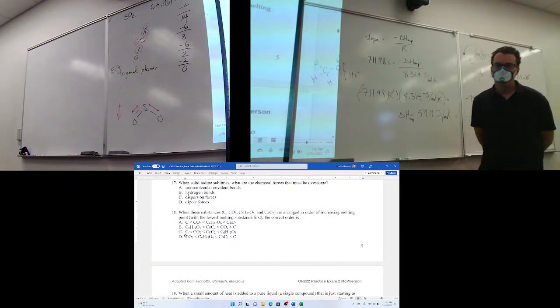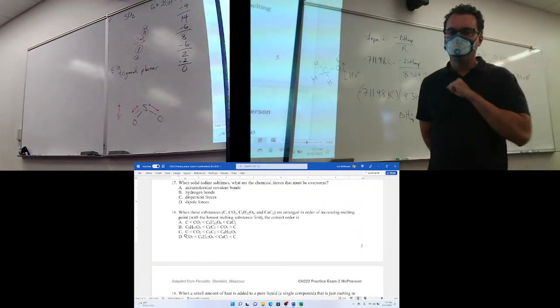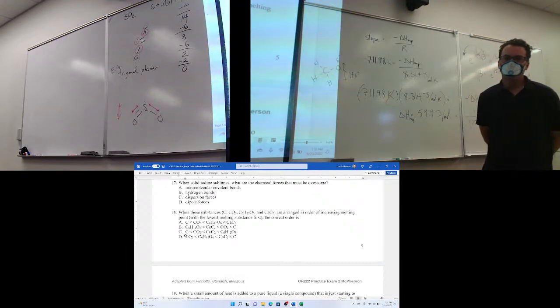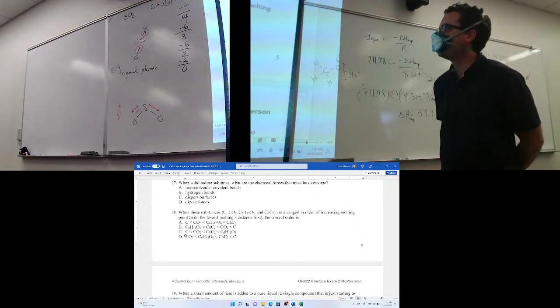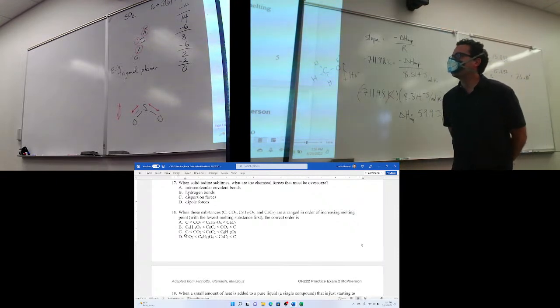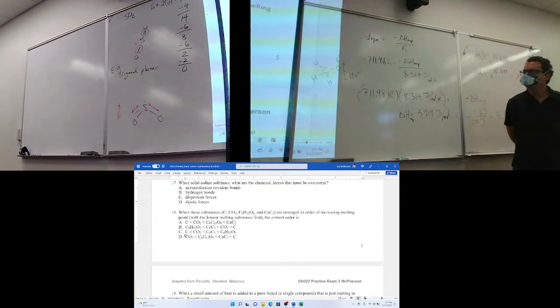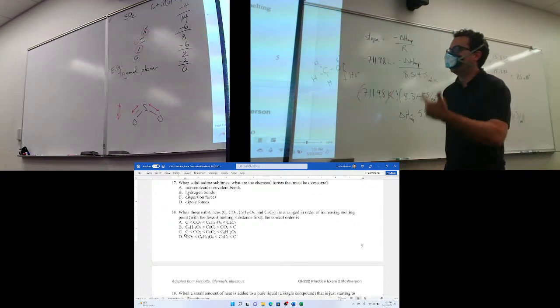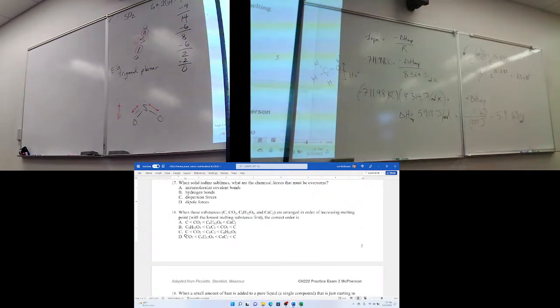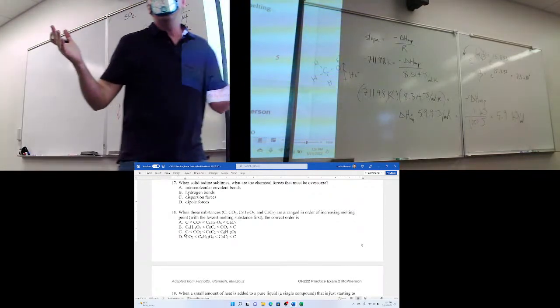We have these substances arranged in order of increasing melting point, lowest melting substance first. What should the order be? This is going to require a little cross knowledge between IMFs and what we learned in Lab 2. When you look at carbon, don't think, oh, atoms.